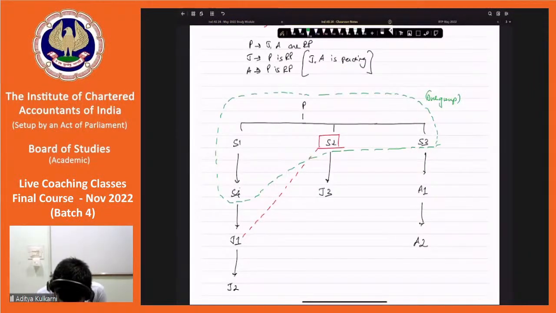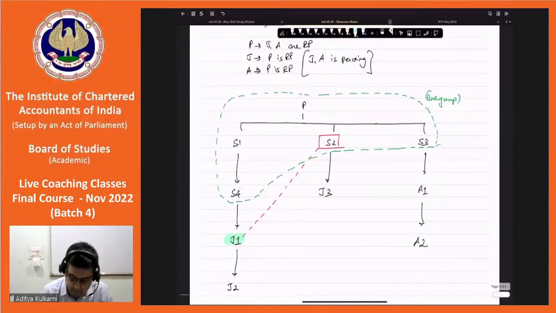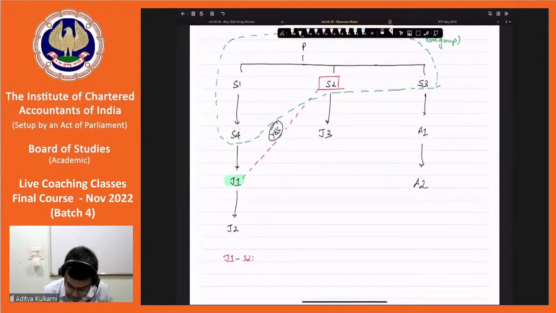So J1 is a joint venture of S4 and S4 is a member of the group, and of which the other entity also is a member. So is S2 a member of the group? Answer is yes. S2 also is a member of the group. So J1 and S2, are they related parties? Yes, they are related parties.